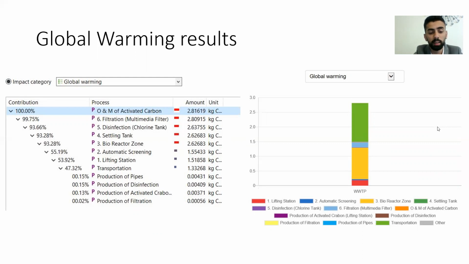And you can analyze that the main contributor to global warming is the transportation, since it has the highest value. Since the results show that the main contributor is the transportation, this suggests that different alternatives need to be considered to transport the wastewater, such as building a connecting sewer system that may be a good alternative in the long run. So this is just an example of how those results can be analyzed for different impact categories.